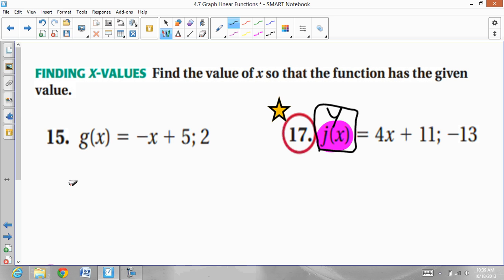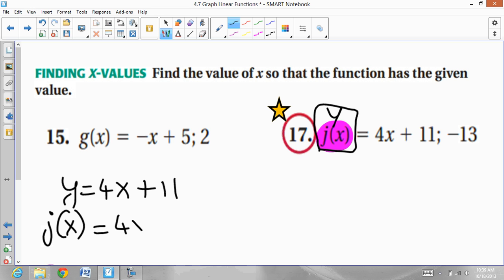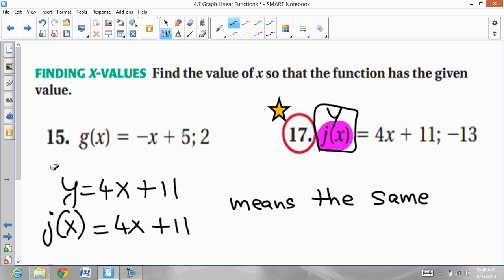You are used to seeing y is equal to 4x plus 11, and j of x equals 4x plus 11 mean the same. They are both the same because j of x is still talking about the same y.